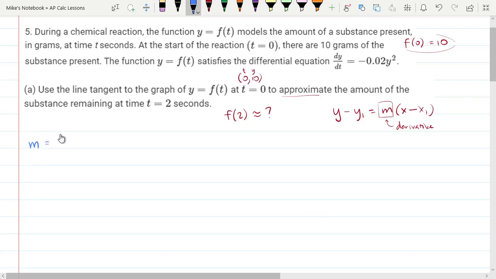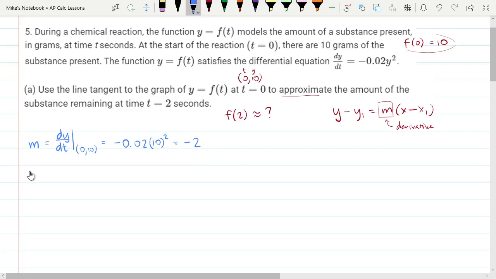But remember, the slope is the value of the derivative evaluated at 0, 10. Now, our derivative was negative 0.02 times y squared, but our y value here is 10. Now, 10 squared is going to be 100, and then 100 times negative 0.02 is negative 2. So this right here is the slope that we're going to substitute into that equation.